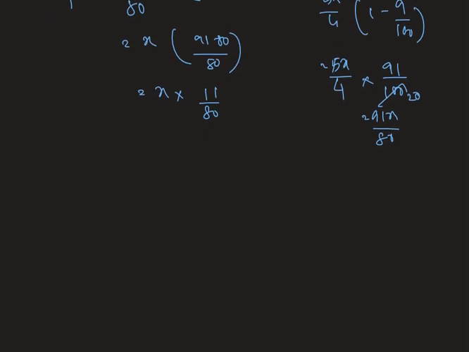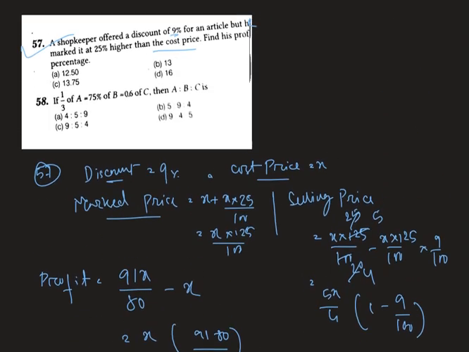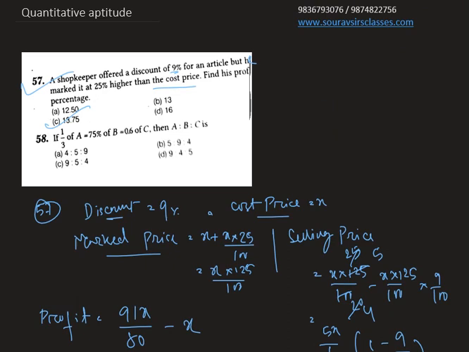So the profit percentage is 11 divided by 80 into 100, which results in 55 divided by 4, that means 13.75%. So option C is the correct answer.